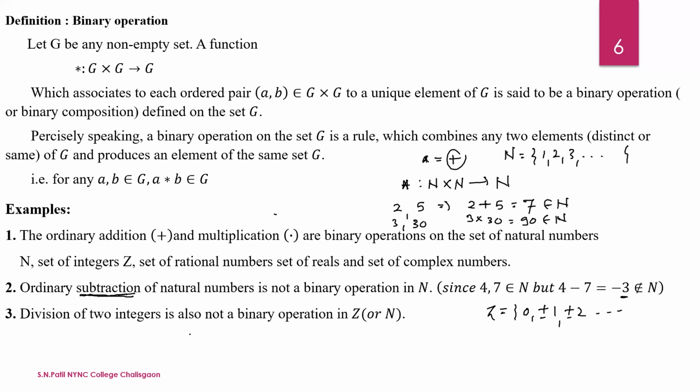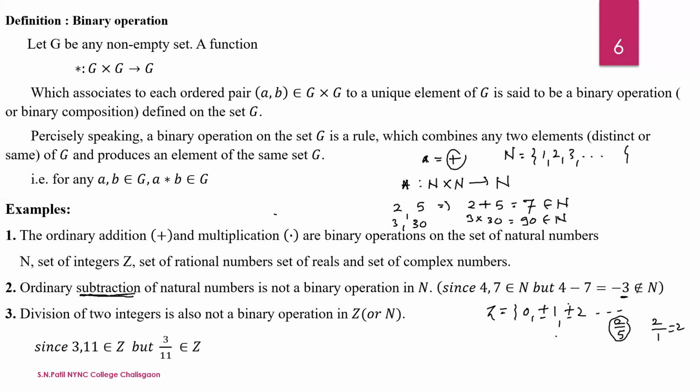The division does not always belong to the set of integers. You can take 2 and 1: 2 divided by 1 is 2, which belongs. But if you take 2 and 5, 2 divided by 5 does not belong to the set of integers as well as the set of natural numbers.